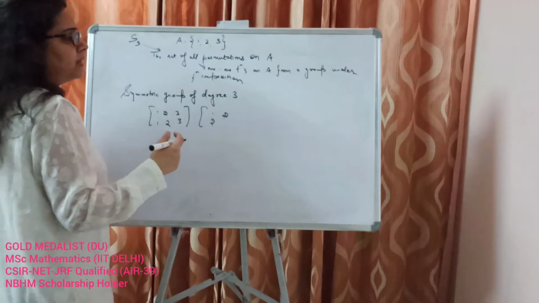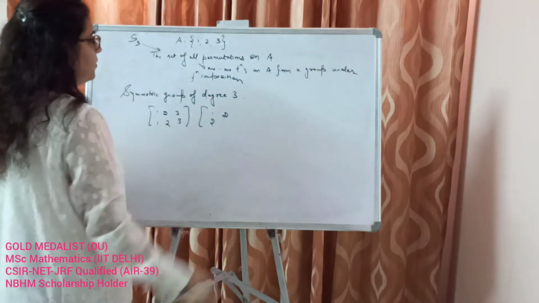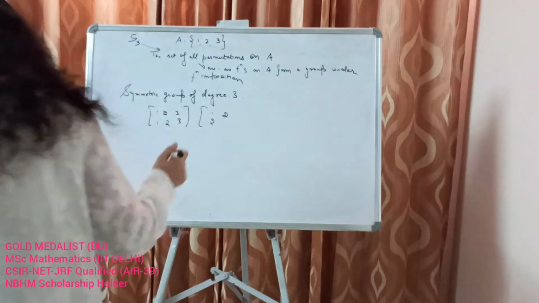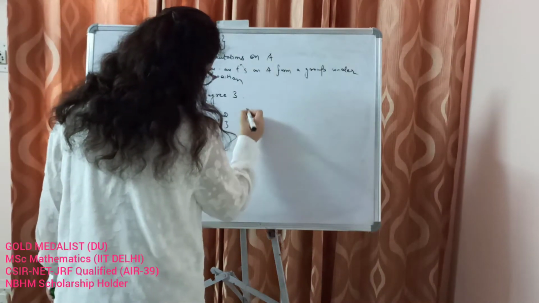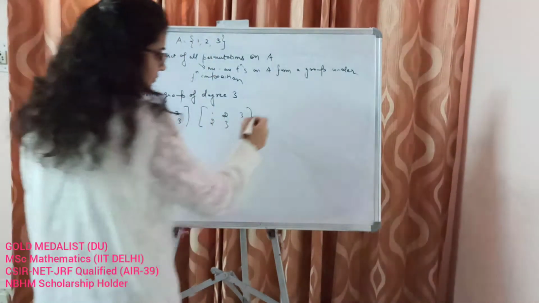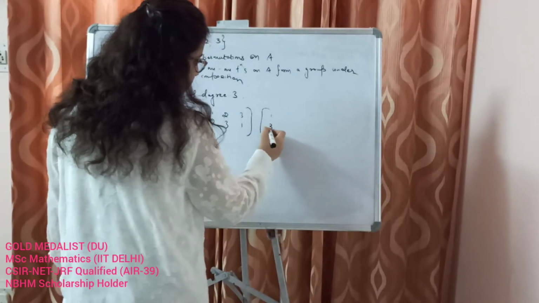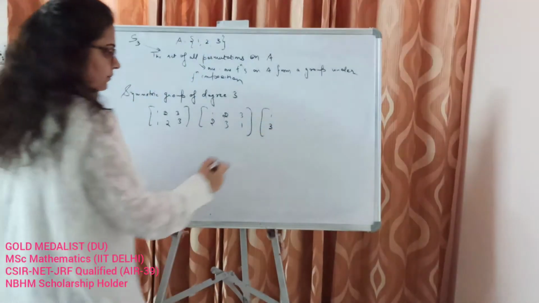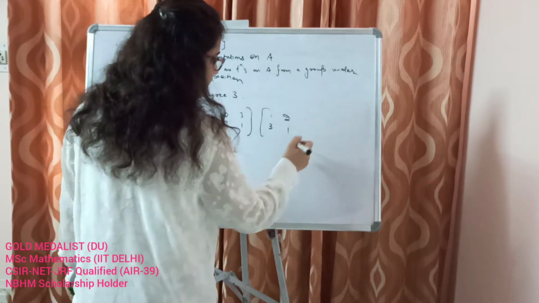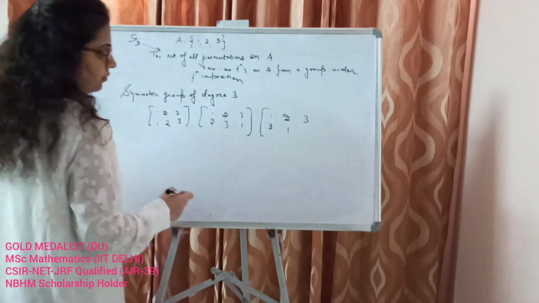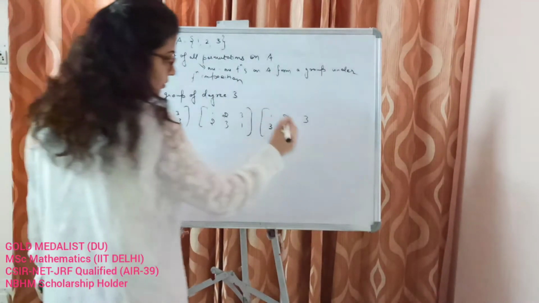How do we decide basically the elements of S3? Then 1 goes to 3, 2 goes to 1, and 3 goes to 2.